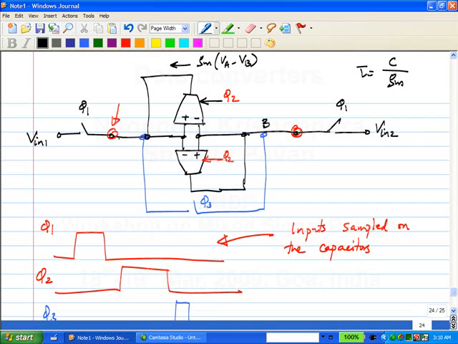So I don't need to make things any worse by deliberately putting in capacitance. Is that clear? Right now the schematic assumes that there is some parasitic at A and B. Does it make sense?